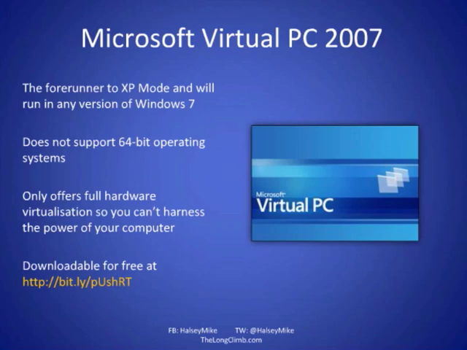Next up is Microsoft Virtual PC. Now, you'll see this is Microsoft Virtual PC 2007 because it was discontinued. Microsoft still support it because it's still useful, and a great many people use it.